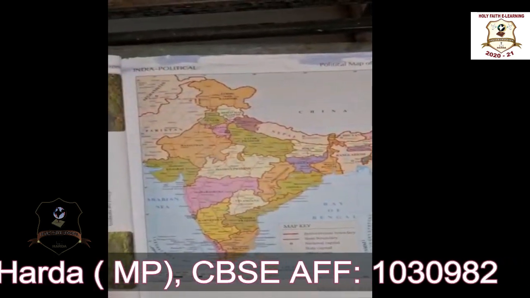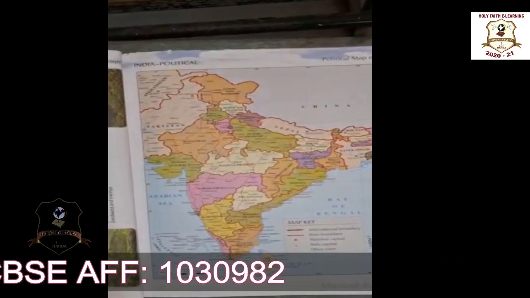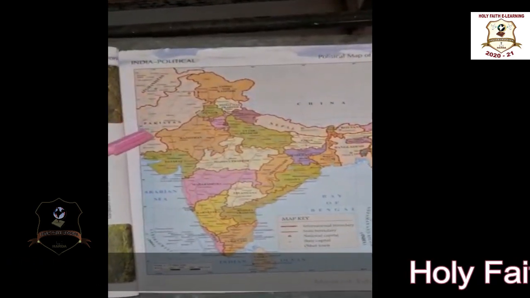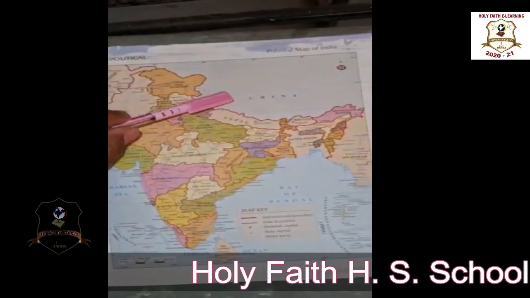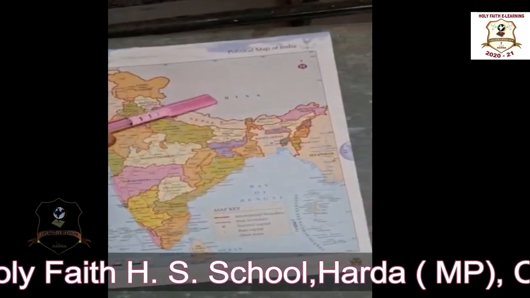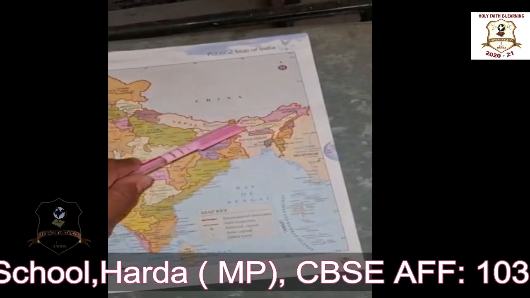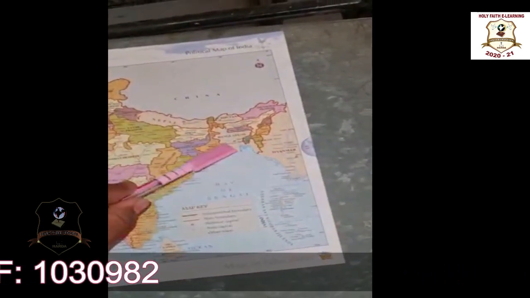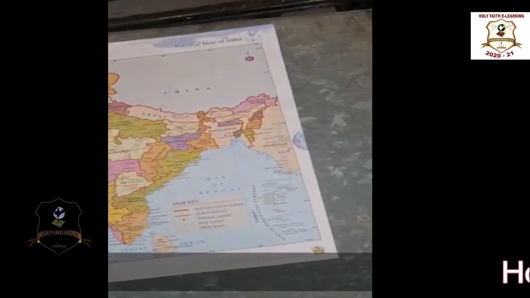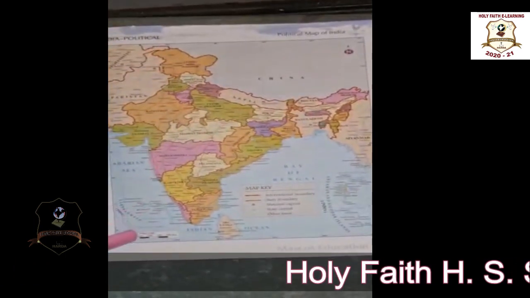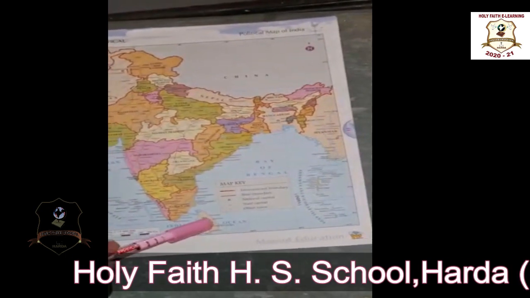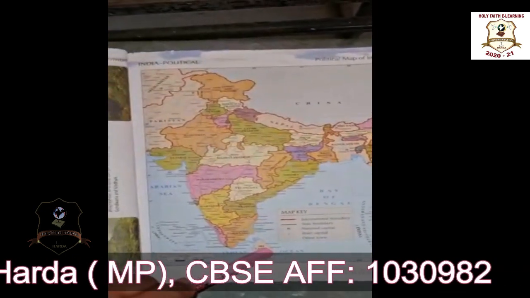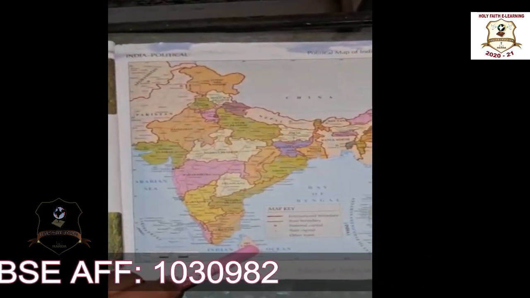India shares its borders with 9 countries, namely Afghanistan, Pakistan, China, Bhutan, Nepal, Myanmar, Bangladesh, Maldives and Sri Lanka. Once again, we will go through the neighboring countries of India.